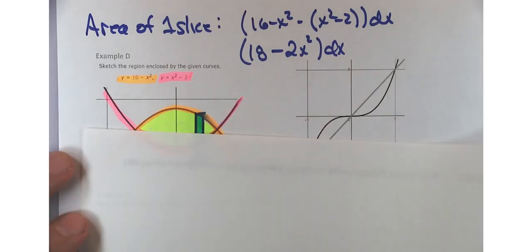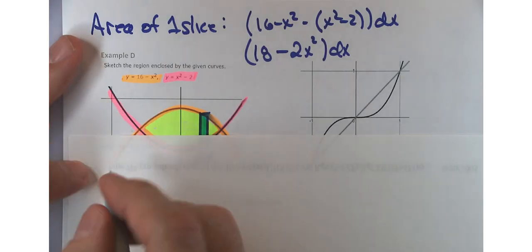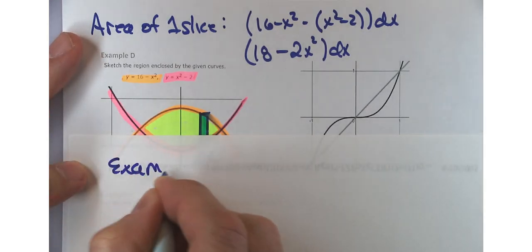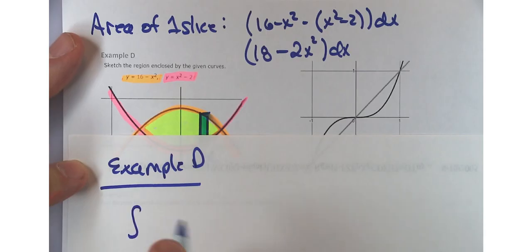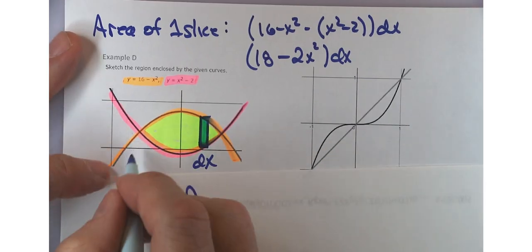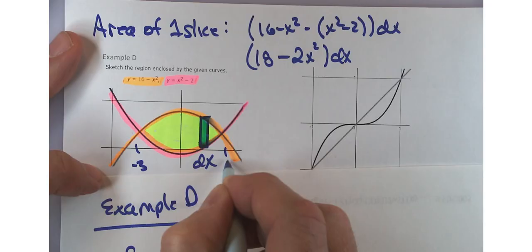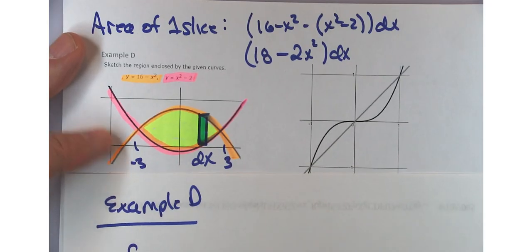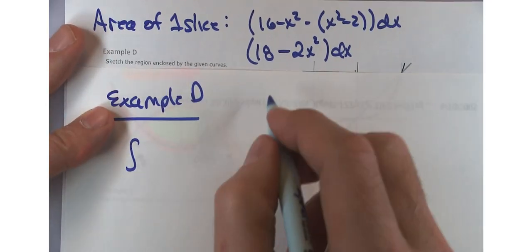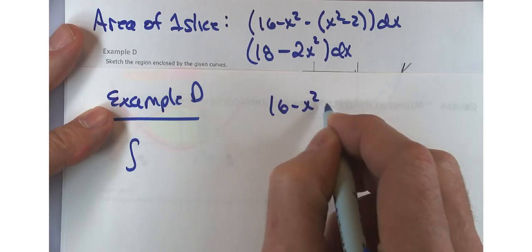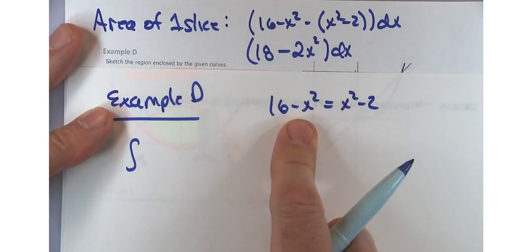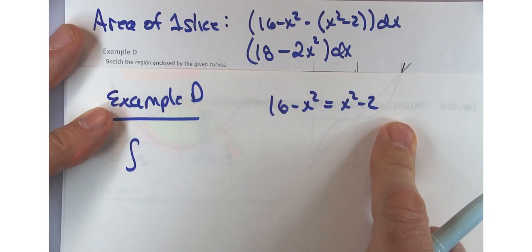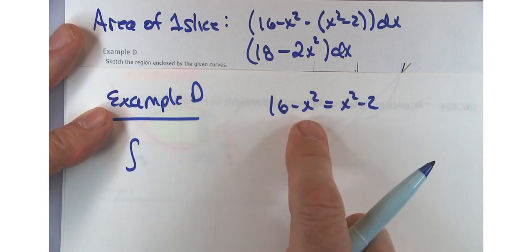I'll finish up example D here. So I want the integral. Well, this point is at -3, and this point is at 3. Again, like I said, you can solve that. It's going to be where 16 minus x squared equals x squared minus 2. If I move everything to the right-hand side, well, actually, you know what?